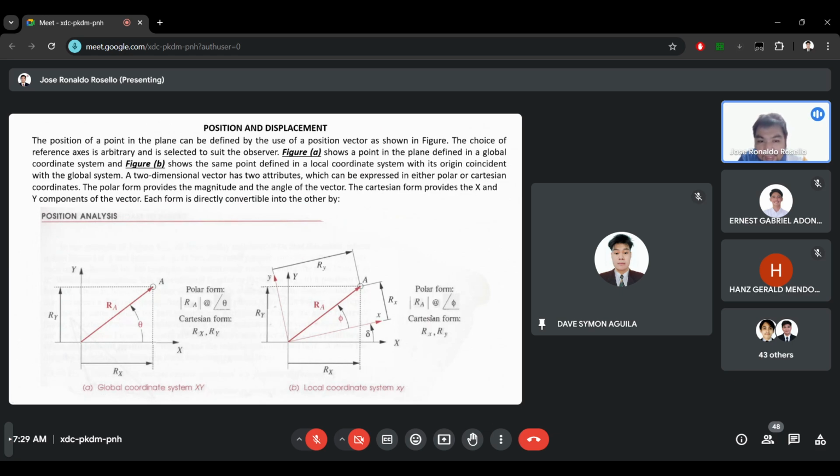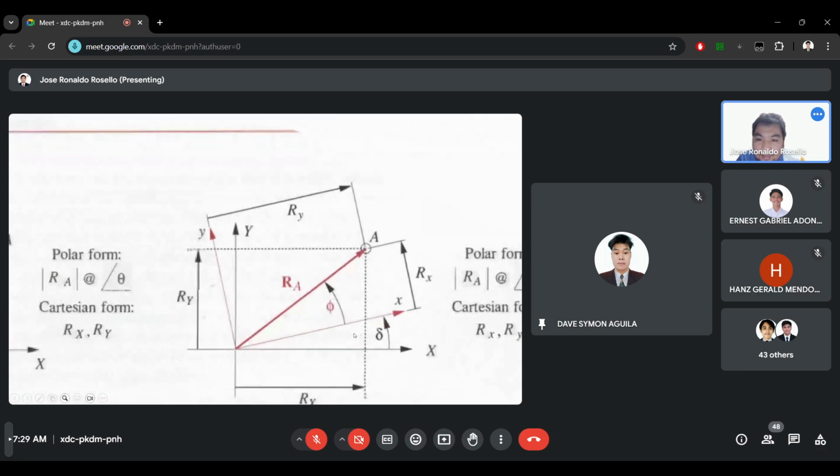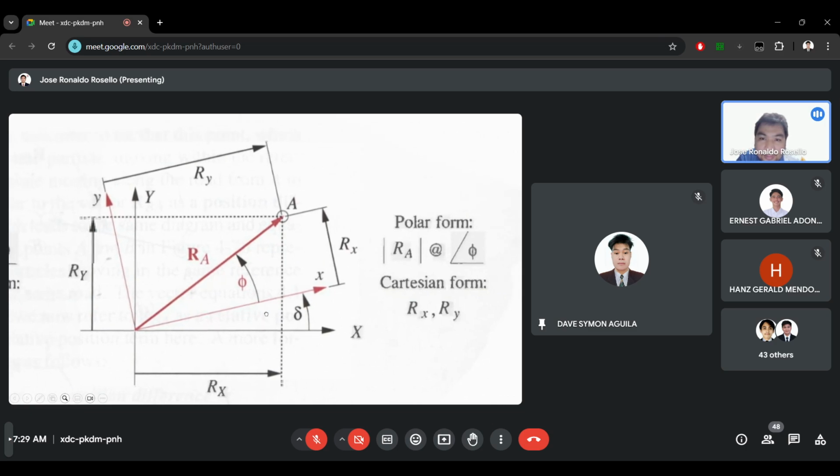We can also analyze the position of a mechanism using a local coordinate system, meaning the x and y axis is no longer the vertical and the horizontal lines. We can have our own x and y axis depending on what the situation gives us.